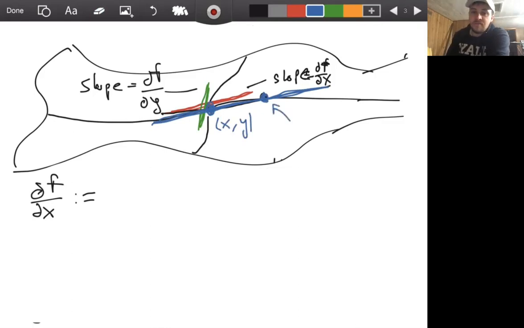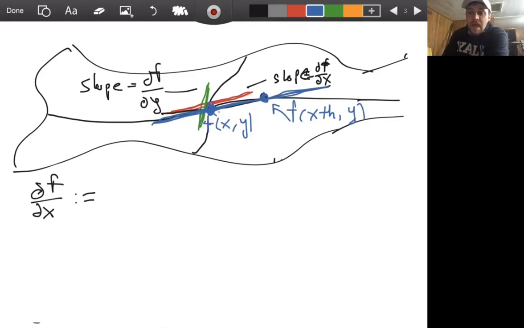Well, we want to vary x, and y remains unchanged. Y is constant here. We're going to look at an increased x value, but y remains unchanged. So this is f(x, y) and f(x + h, y).